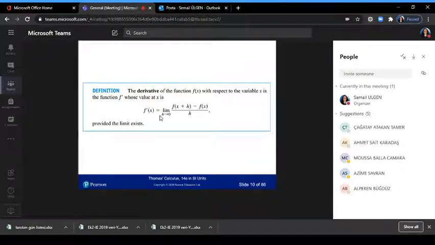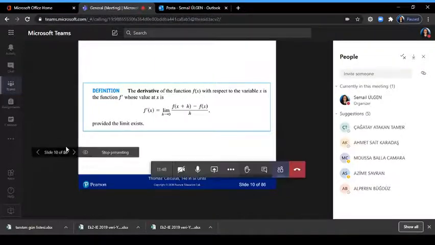Since you are getting different slopes for each x, we can consider this as a function. So you can see the derivative as a function of x now. Of course, in each definition, we always want this limit to exist. If this limit doesn't exist, then it doesn't make sense.